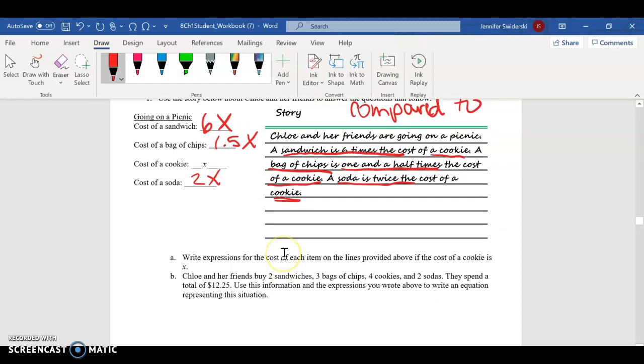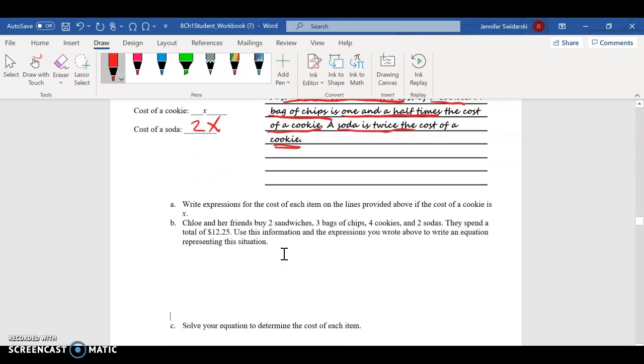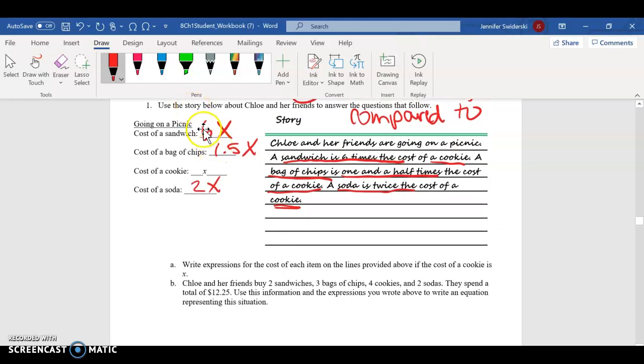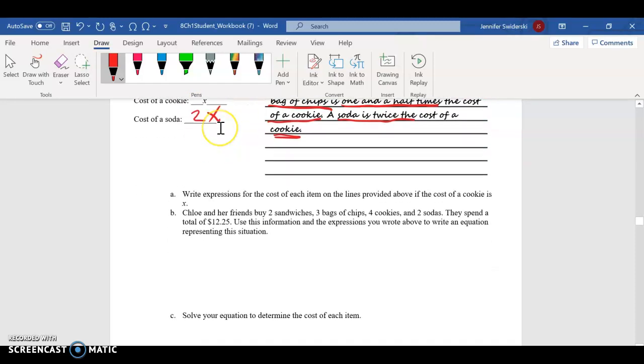So, okay, 2 sandwiches. How can I say 2 sandwiches? Well, a sandwich is 6X, right? So if I had a sandwich, how many sandwiches did she get? Well, she buys 2. She buys 3 bags of chips.